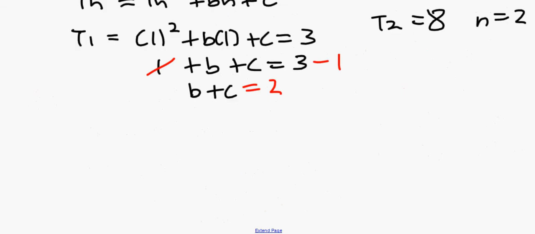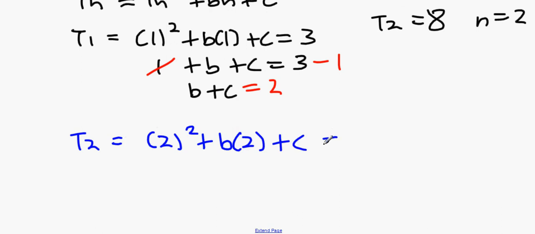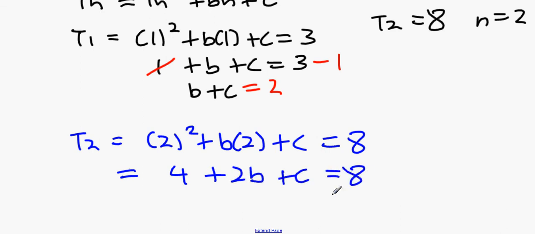Next we have to find t2. t2 is going to be 2 squared plus b times 2 plus c, and that equals 8. Multiply it out and you get 4 plus 2b plus c equals 8. Move the 4 to the other side, it becomes a minus 4, and we get 2b plus c equals 4.